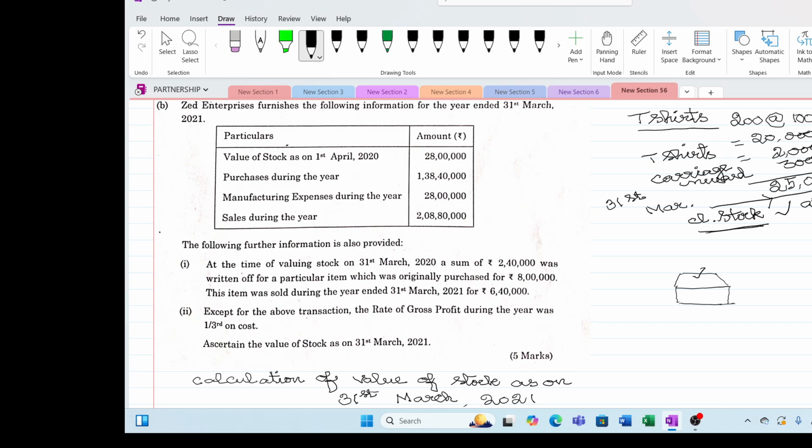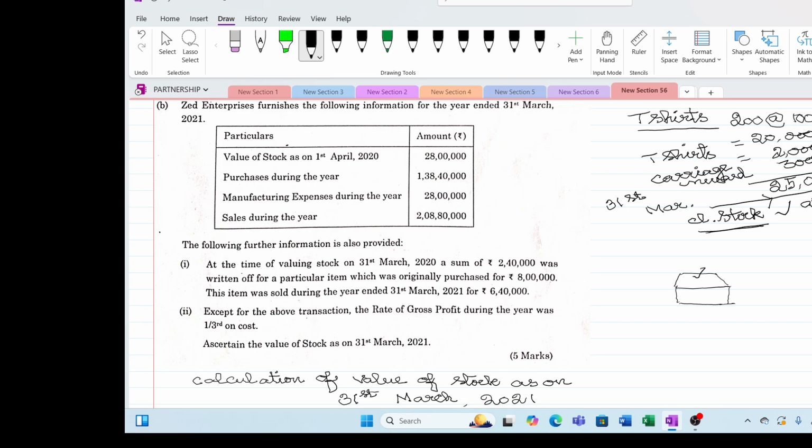So total I'm having 210 t-shirts and I sold 150 t-shirts. You will be easily able to tell me the closing stock is 60 t-shirts, and you will be able to multiply it with the cost of purchase. You will be able to give me the value of closing stock, but that is not the case here.